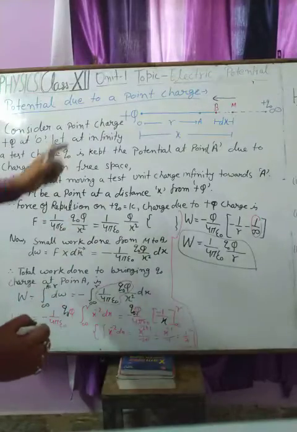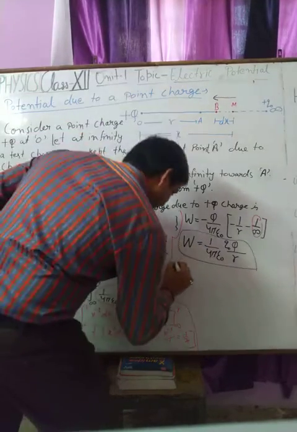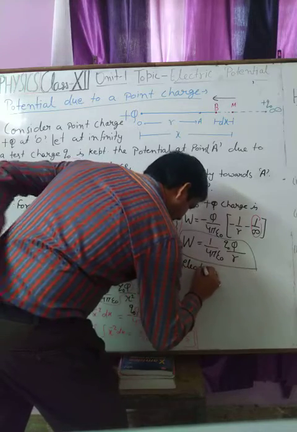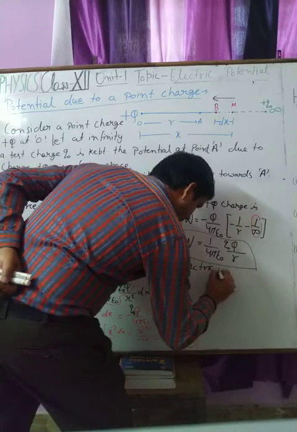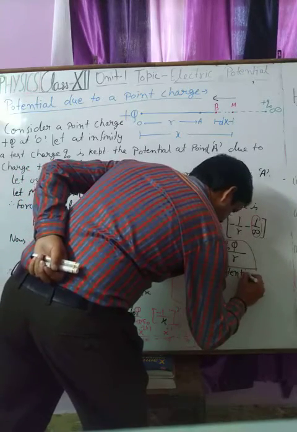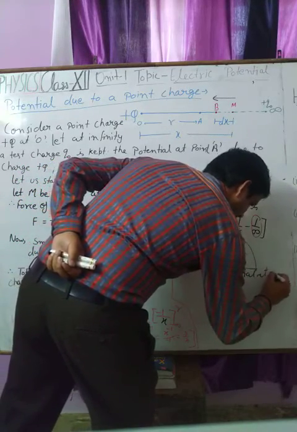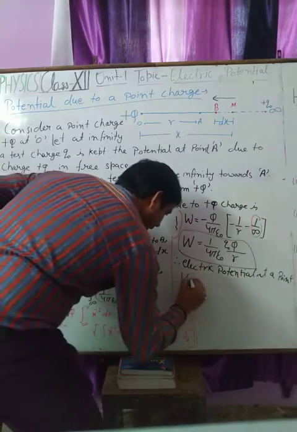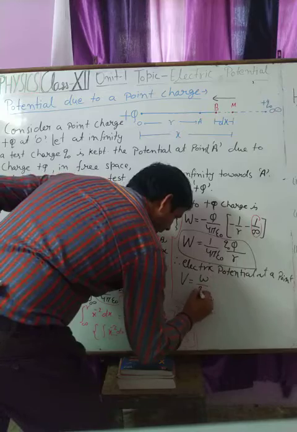Now the electrostatic potential at a point, electric potential at a point is V is equal to W upon Q naught.